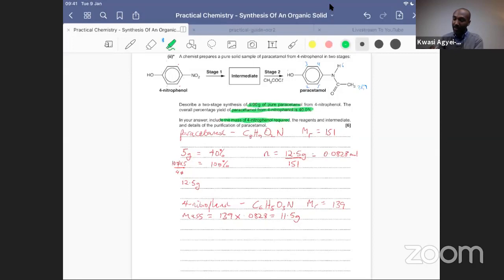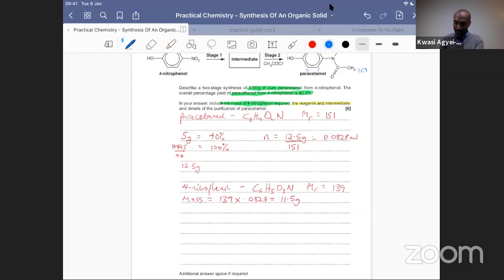So what we've done is work out the mass of 4-nitrophenol required. We now need to look at the reagents and intermediate formed. As far as the intermediate goes, we would need to make our amine. So we would need to go from our nitro group, NO2, and OH here.